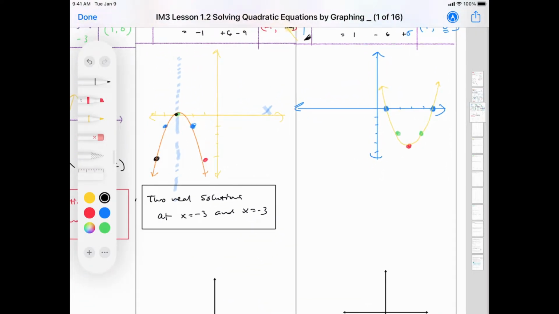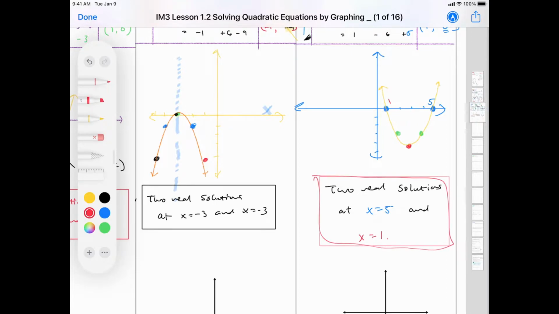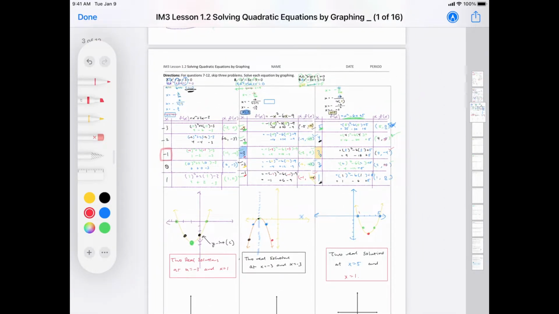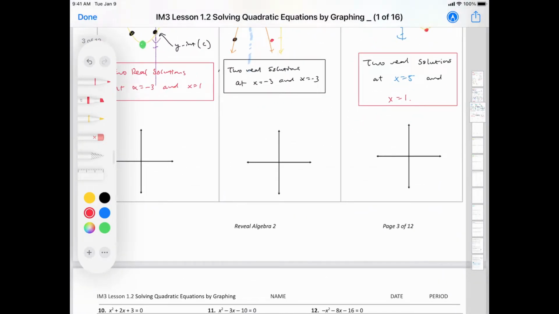So we have 2 real solutions at x = 5 and x = 1. And those are our solutions for question number 9.